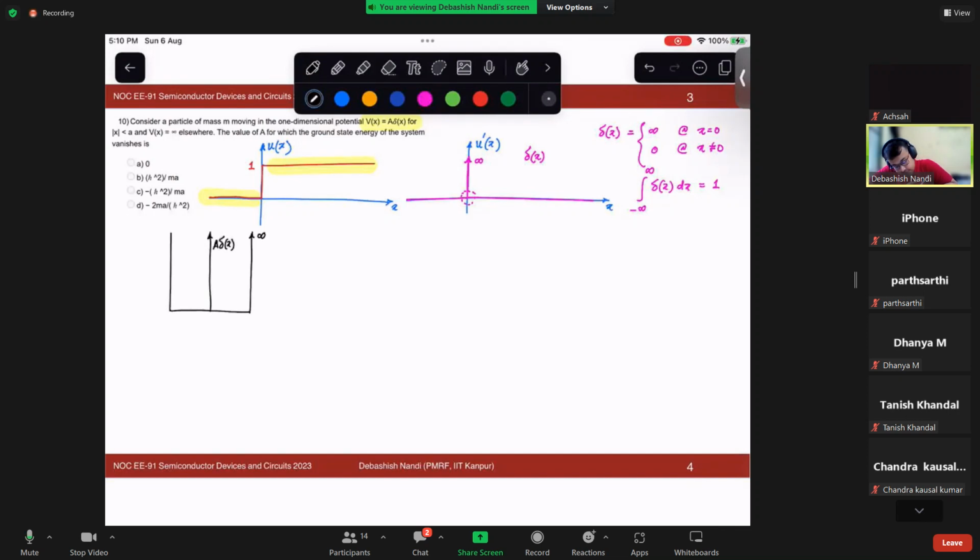This is anyhow infinity. This is x equal to 0, x equal to A, and this is x equal to minus A. What do we mean by mod x less than A? It means minus A less than x less than A. These are the same thing. So can you tell me what the y-axis is here?